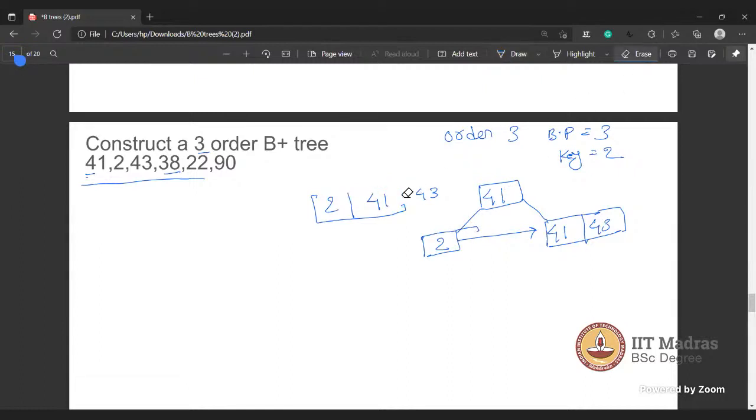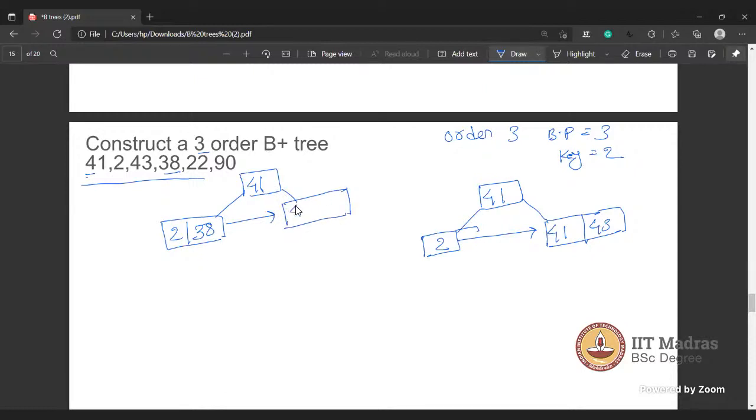So the final will be 41 as the root, then 2 and 38 on the left, then 41 and 43. After that, 22 will be inserted. It is less than 41, less than 38, more than 2.